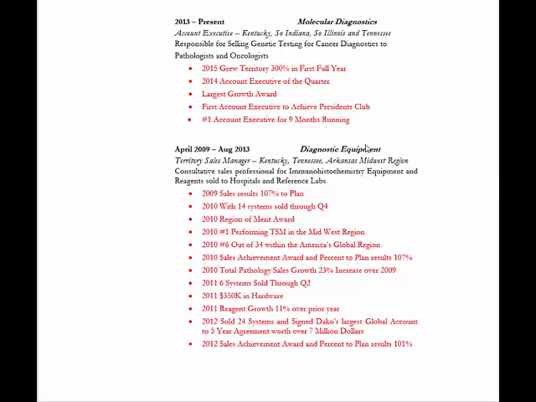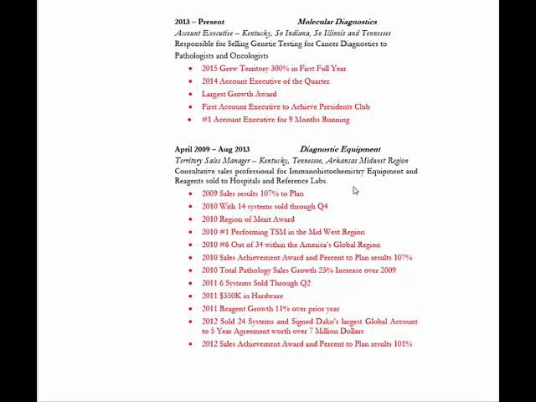There again, here's the name of a fictitious company. This person says, this is my territory, which is important, because when they hire sales reps, they want to know, do you know the prospects in that area? And here again, consultative sales professional for immunohistochemistry equipment and reagents sold to hospitals and reference labs.